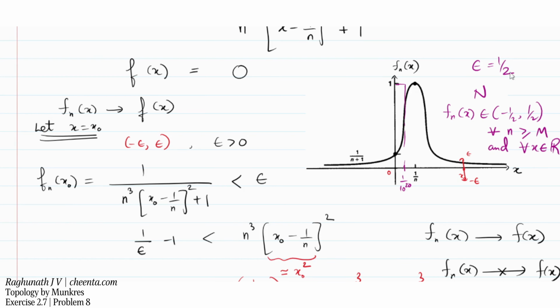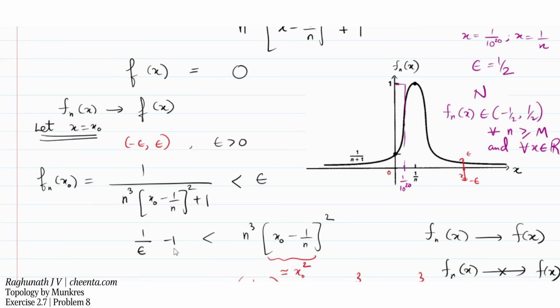If you take x is equal to 1 by 10 power 20, this will not be true for that particular fn. Now, again, if you increase n, you can come up with a contradiction for this uniform convergence by taking x is equal to 1 by n. So, it is not uniformly convergent, and hence the converse is not true. I will stop here.